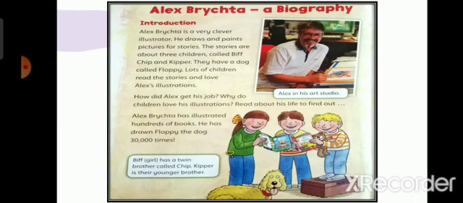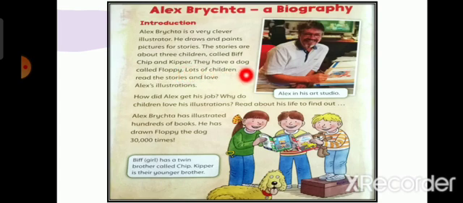Its first subheading is Introduction. Alex Brichter is a very clever illustrator. He draws and paints pictures for stories. The stories are about three children called Biff, Chip, and Kipper.